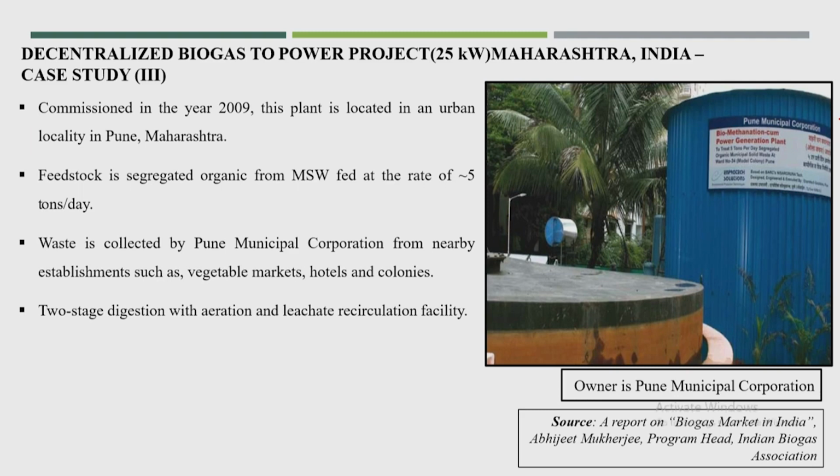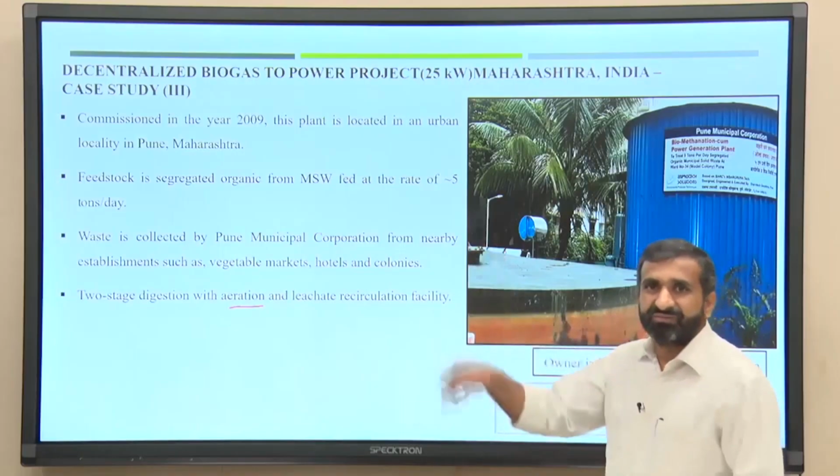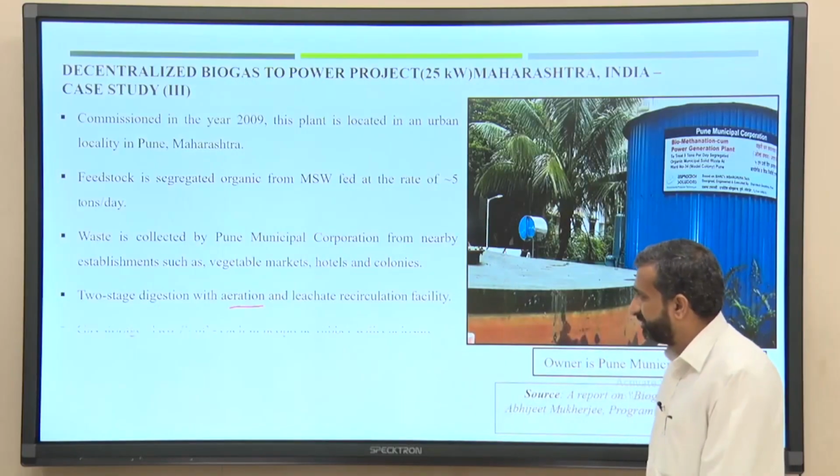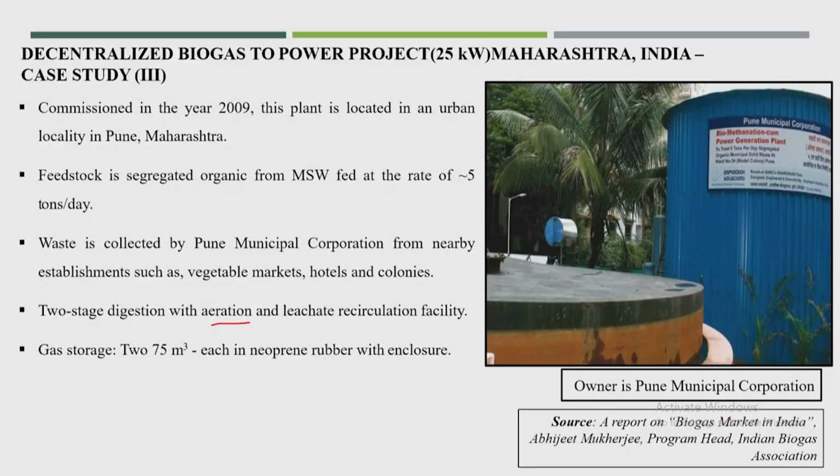So, the 2-stage process means in the first reactor aeration is provided for the hydrolysis process, and leachate recirculation facility means whatever digestate is coming out is again put back into the biogas reactor. The reactor has gas storage of 275 meter cube each in neoprene rubber with explosion protection.